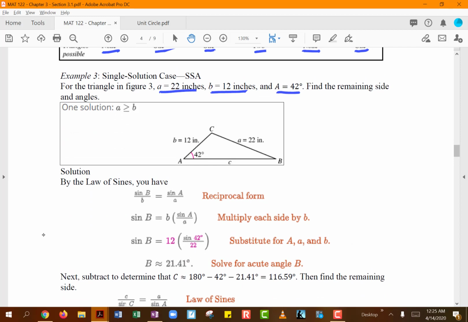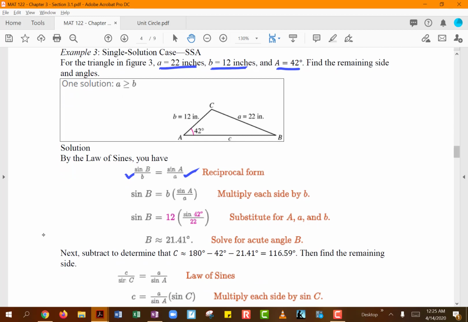So since we are actually given two sides and one angle, we have side A, we have angle A, and of course we have side B. So based on that, we can actually calculate our angle B. So you can say we are getting sine of B by itself. We take the side, or little b, to the other side by multiplication, plug in your values, and then once you solve that, you are able to calculate for your angle B.